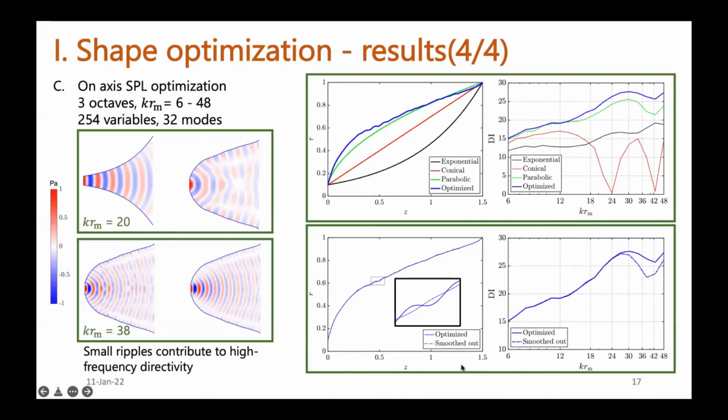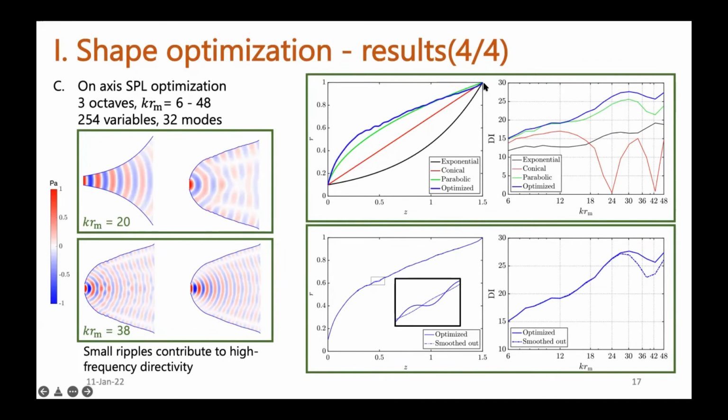And the last case is the optimization with respect to the on-axis SPL. It's also a wideband optimization. We start from a conical horn and optimize the on-axis directivity to have the results shown by the blue line.